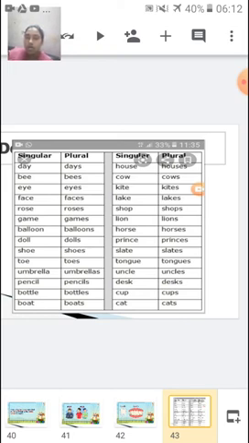Cow, cows. Kite, kites. Lake, lakes. Shop, shops. Lion, lions. Horse, horses. Prince, princes. State, states. Tongue, tongues. Uncle, uncles. Desk, desks. Cup, cups. Cat, cats.